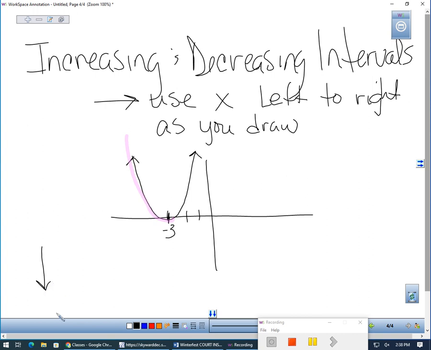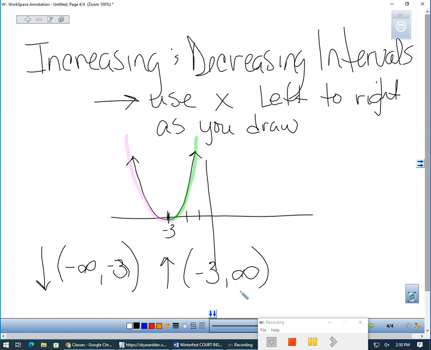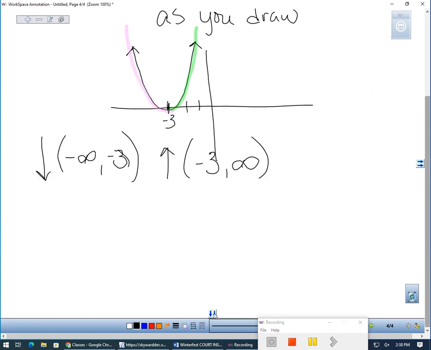So I'm going to say it's decreasing from negative infinity to my x value of negative 3. Make sure you're writing this down. Then, from here, if I was drawing it, I would draw it going up. So that would mean that I was increasing from negative 3 to infinity. I'm looking at the x value is what I'm referring to. It's like reading across like a book, whatever the x value is. All right. That's it.